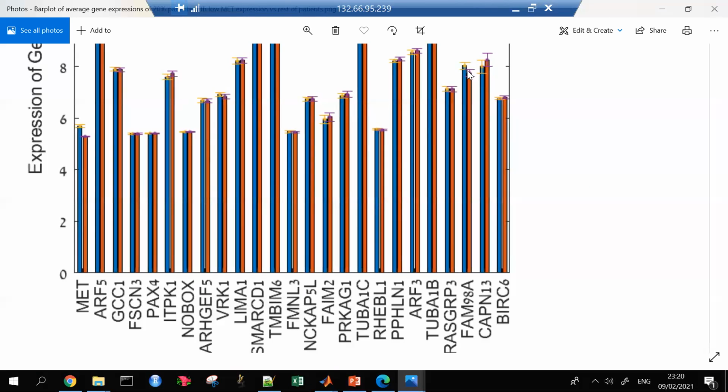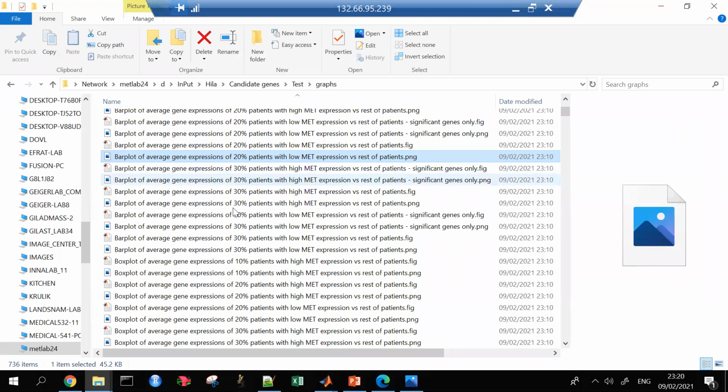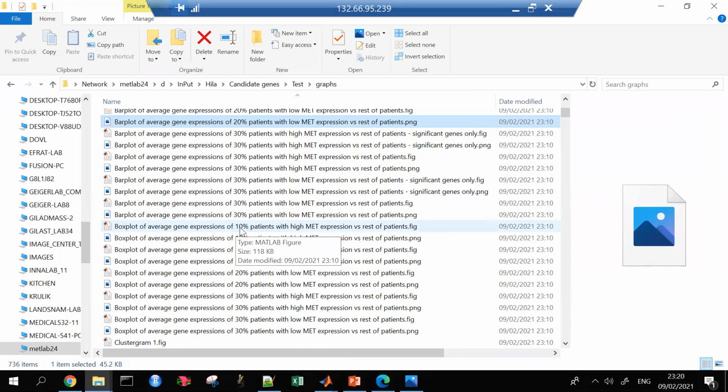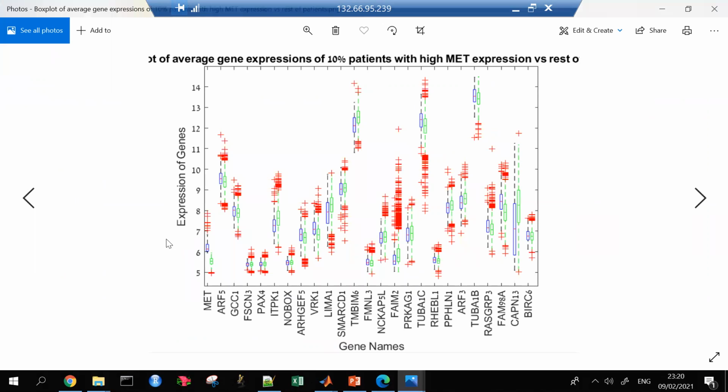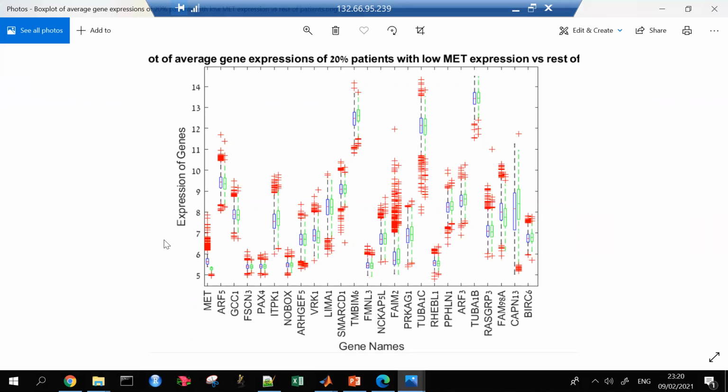Maybe this gene, I don't know, which is FAM98A. I also have graphs, box plot graphs. But it's not as static as the bar plot graph.